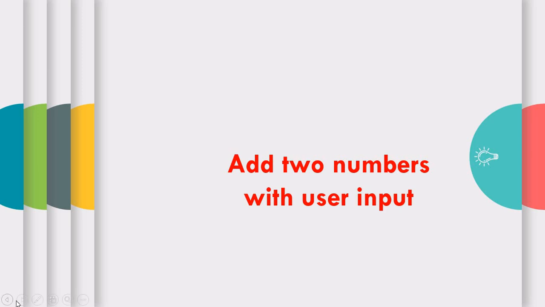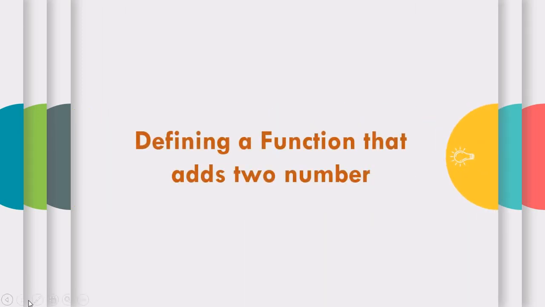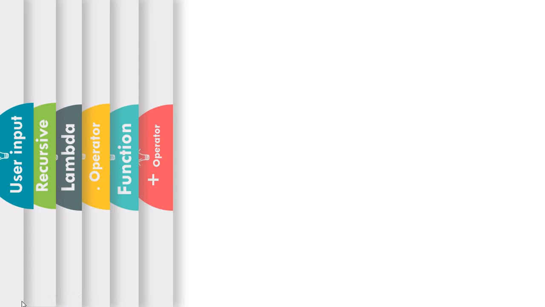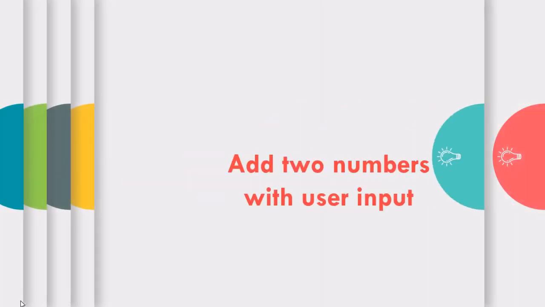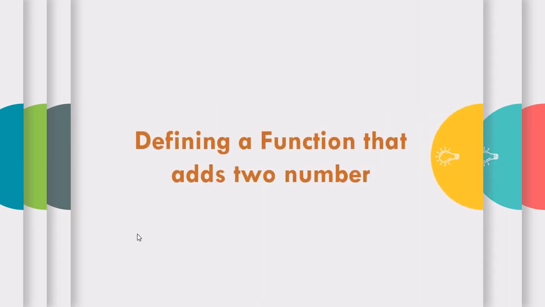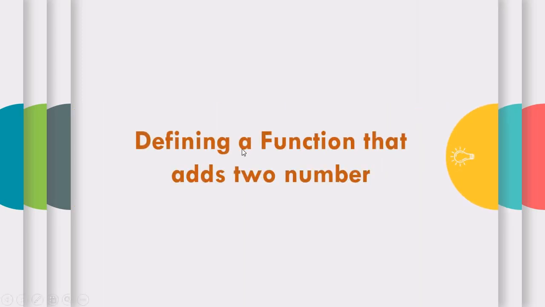Within the first method, by using plus operator, the value we have given within the program. Within the second option, we have seen user input, meaning the user is entering the value. Now we will move towards the next option, that is by using the function. So let's begin with this.